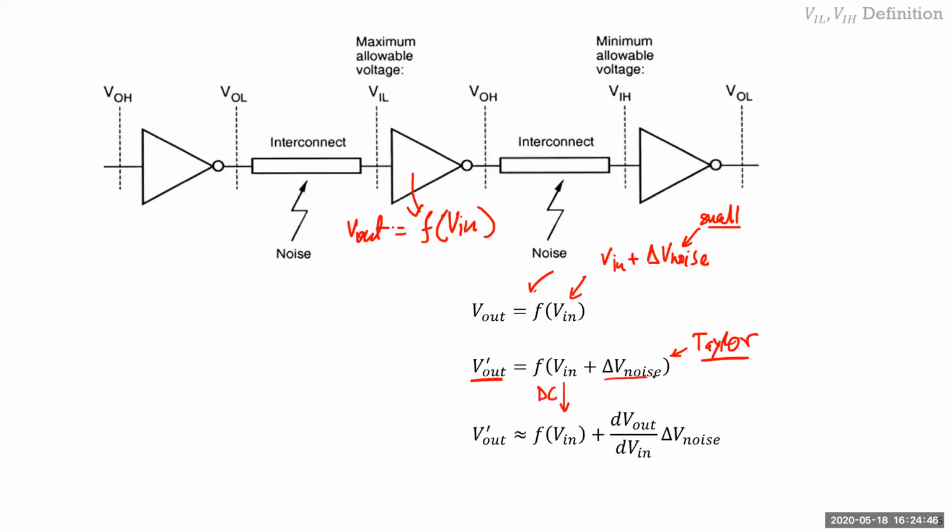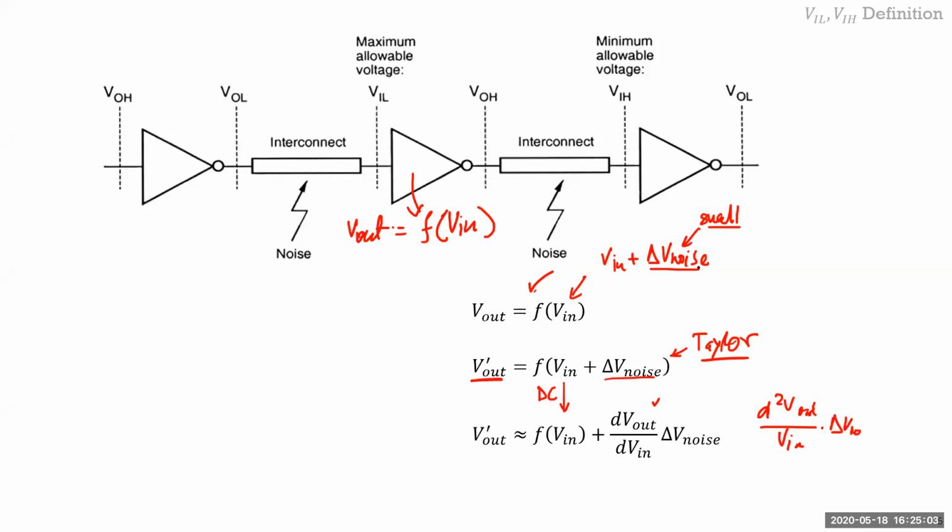And then whatever is changing, you have basically some constant times the first derivative, then you have the second derivative, d V out over d V in times delta V noise, some constant, and then so on.